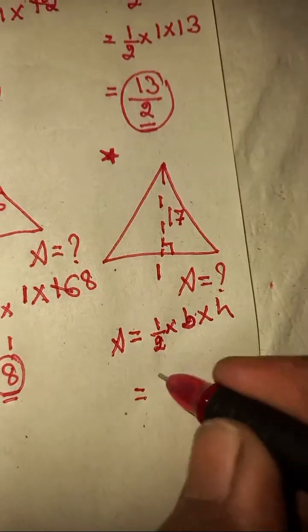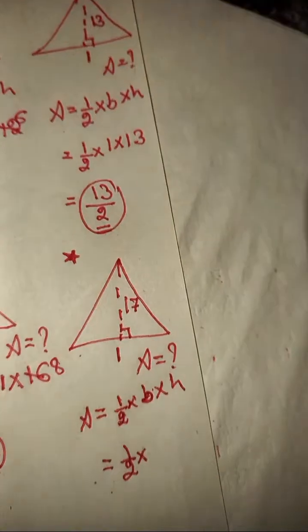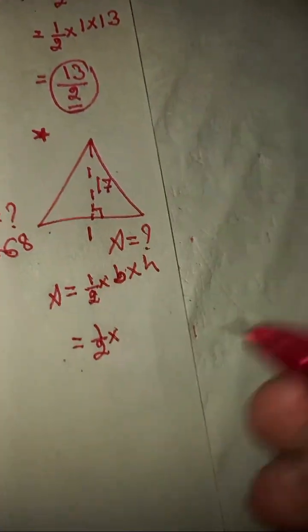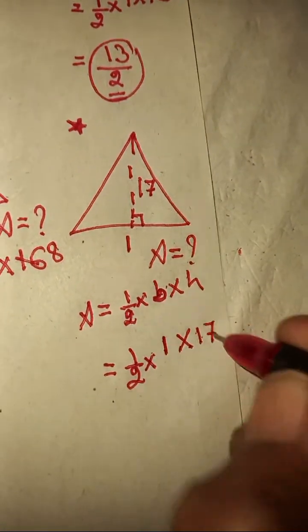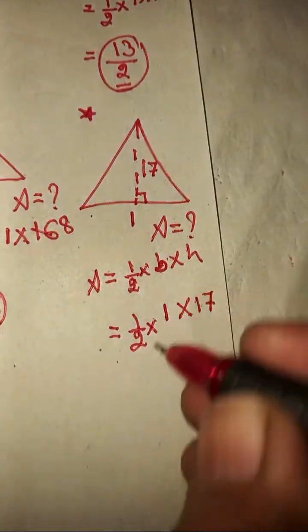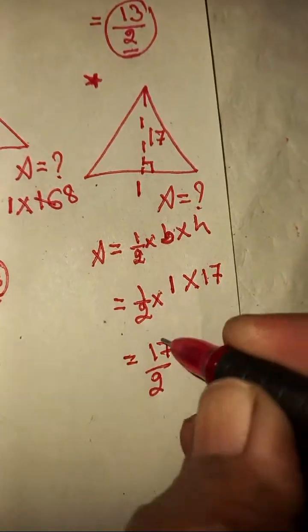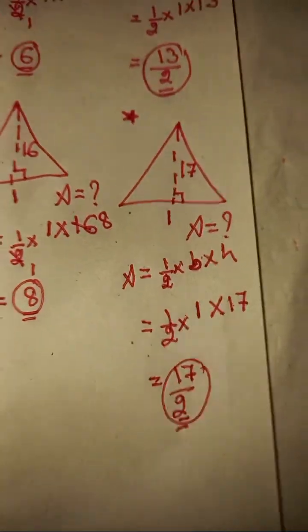So it is half times 1 unit times 17 units, so 1 times 17. Now you cannot divide 2 and 17, so 17 remains above and 2 below. 1 times 17 is 17 and the denominator is 2: 17 by 2 square units.